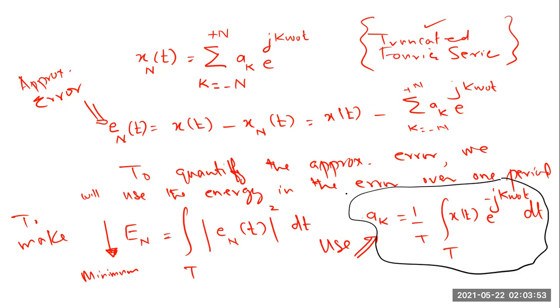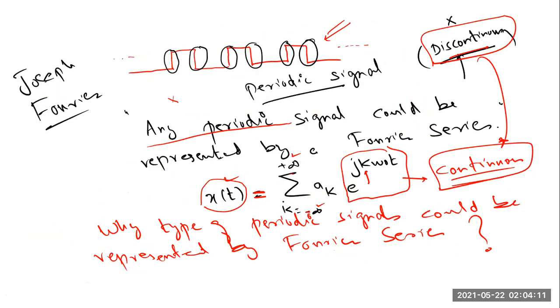Many scientists have proved this. But what is the important result we can identify? To reduce the energy for the truncated Fourier series, the expression of a k is exactly similar to the expression we use when we use the infinite Fourier series. If you remember, we calculate a k with the help of this expression.